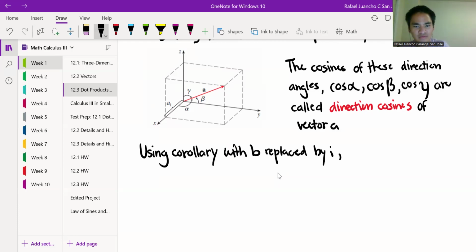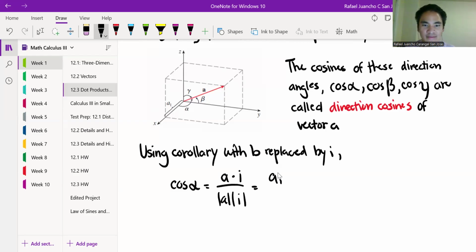Well, we have cosine alpha, which is A times I, right? Because we replaced it. And A times I is A1, right? How do I know? I is a standard basis vector, right? This is 1, 0, 0 from the last chapter.